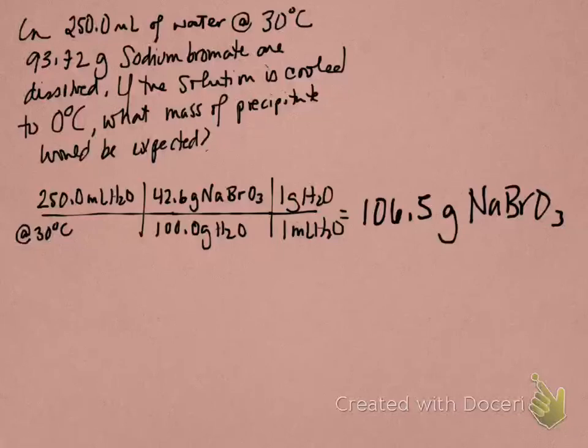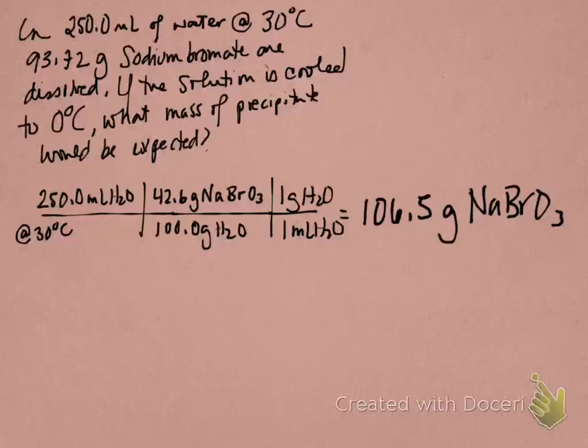We want to know 0 degrees? How much can we dissolve at 0 degrees? Oh, excellent. We want to know how much this solution can dissolve at 0 degrees. So this was a great idea, but we need to change something.